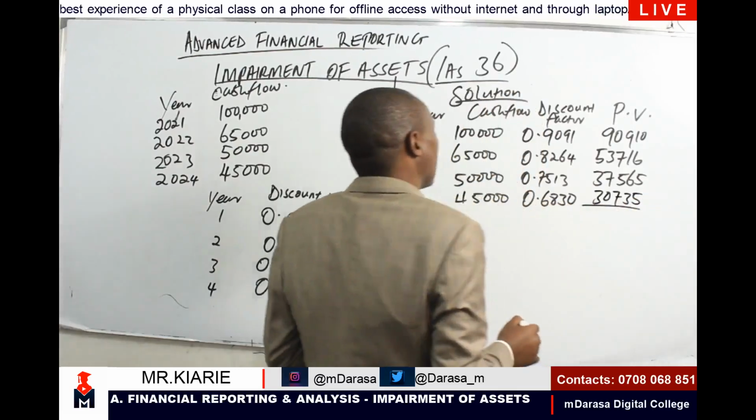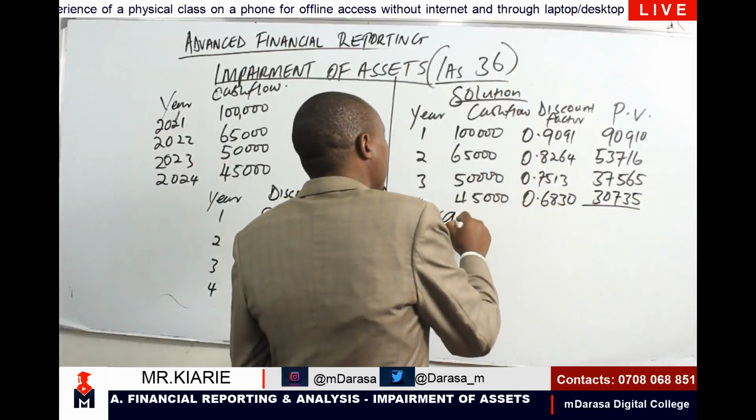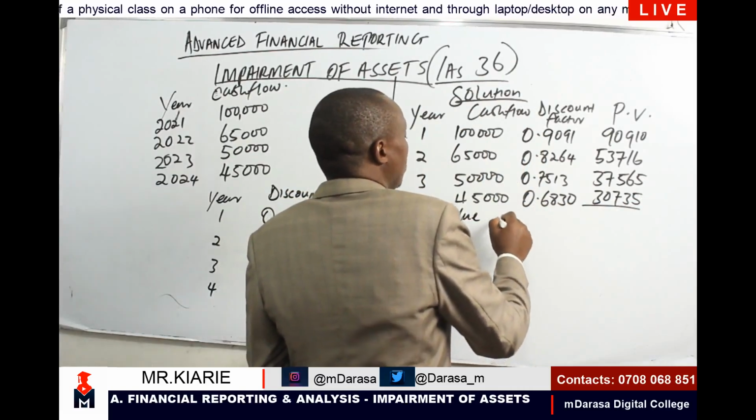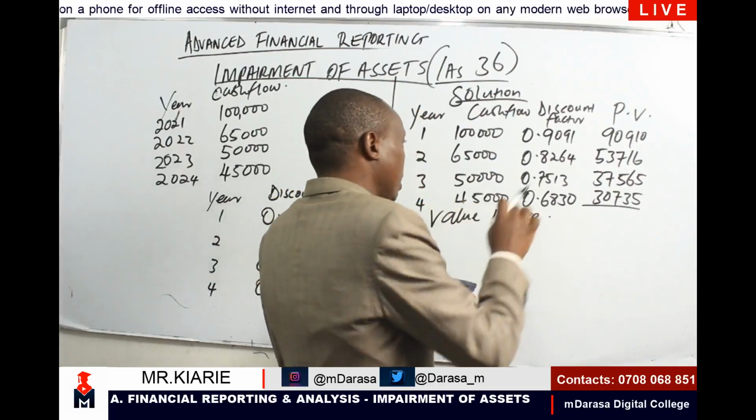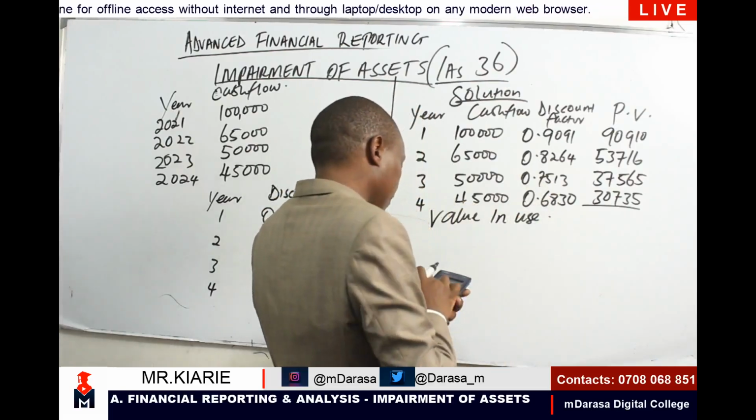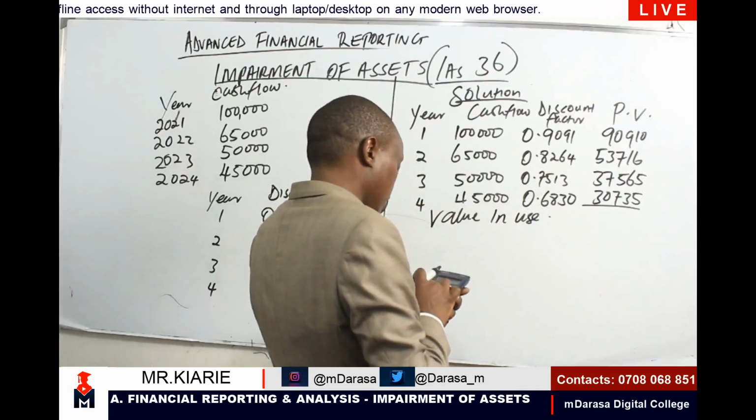And therefore, the total present value, which represents what we are calling the value in use, we get by adding these present values together. Let's do that.